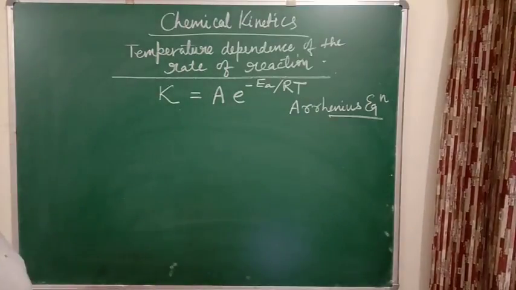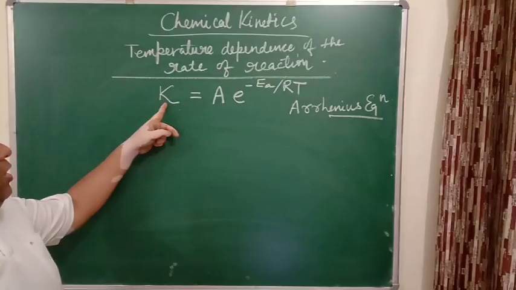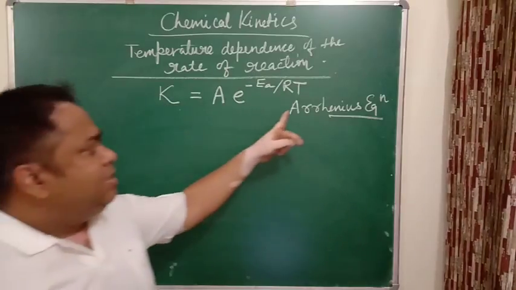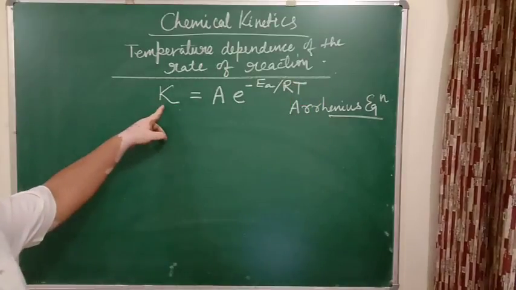Now, how can we find out the change in the rate constant for a given change in the temperature? The temperature is in the exponent of the rate constant expression.